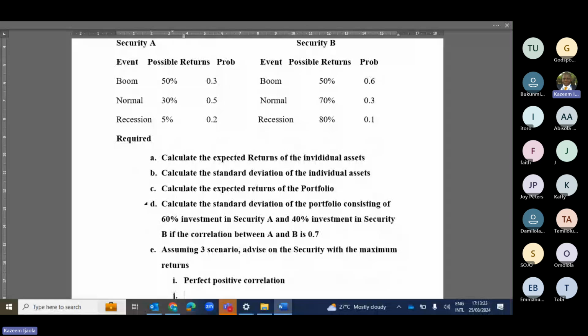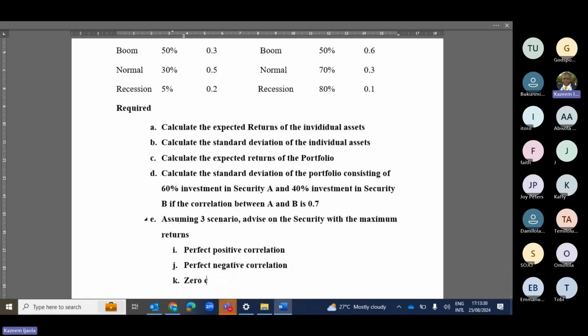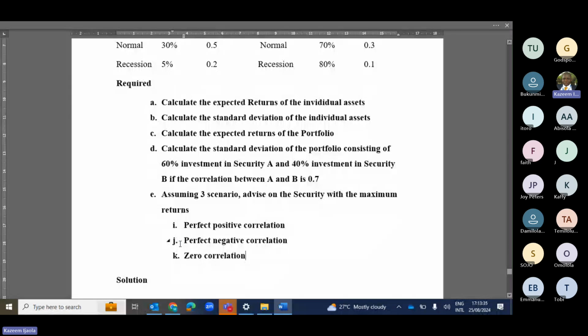Then we have perfect negative correlation. Then we have zero correlation. So I'm even happy like this. This is going to be maybe our main material on portfolio. So you can always refer to this video in the future to practice your portfolio. I think that's a very good one for us.